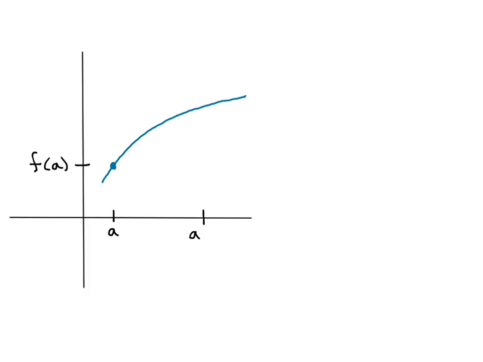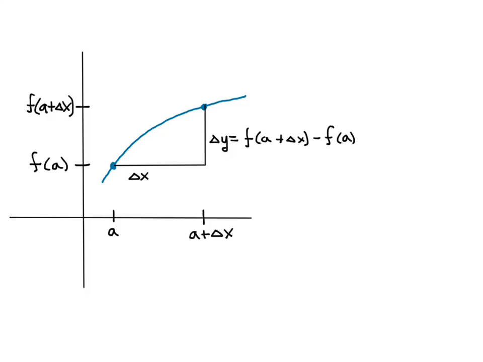Okay, so let me revisit a graph that I've had a number of times. Let's say we have this function, and I'm going to have a as one of my basic points, and then a plus delta x is going to be that other point. So f at a is going to be here, and then f at a plus delta x is going to be right here.